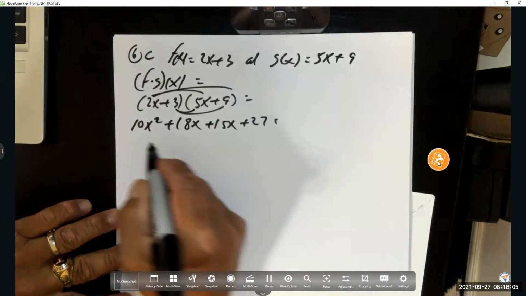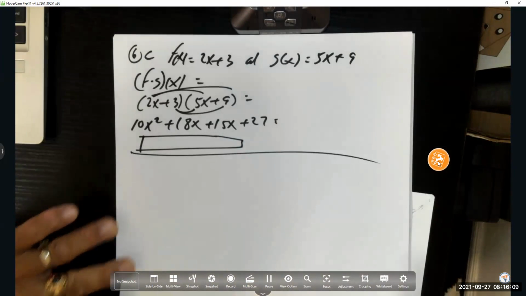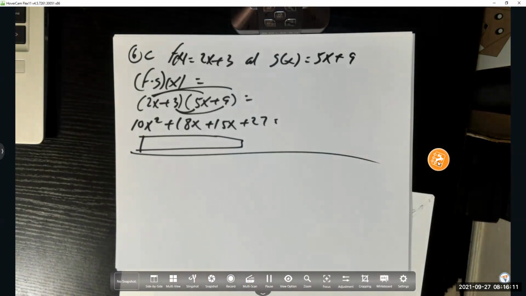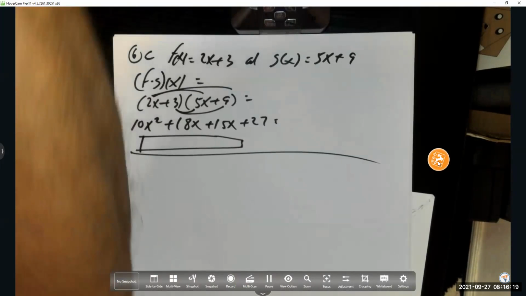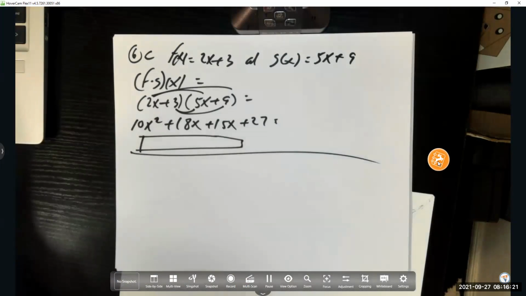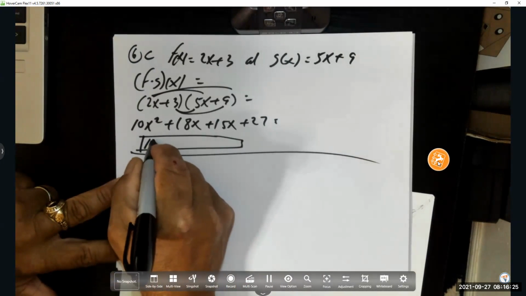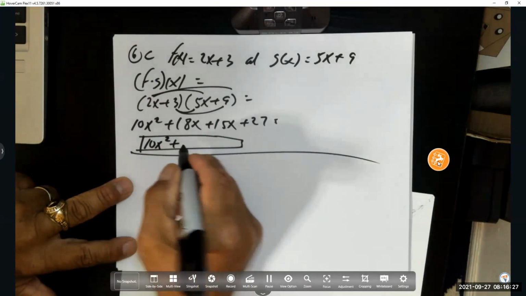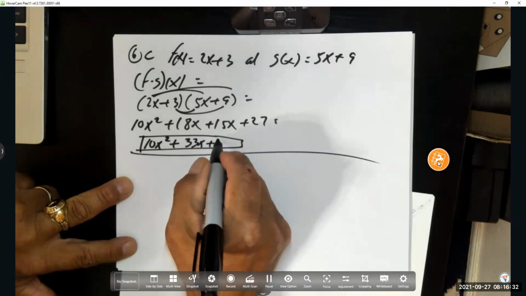So now, you told me the answer in the box. What was in the box? Ten x squared plus 33x plus 27. All right, so 10x squared plus 33x plus 27 at the end like that.